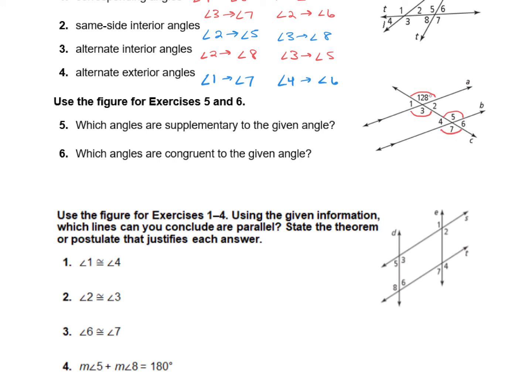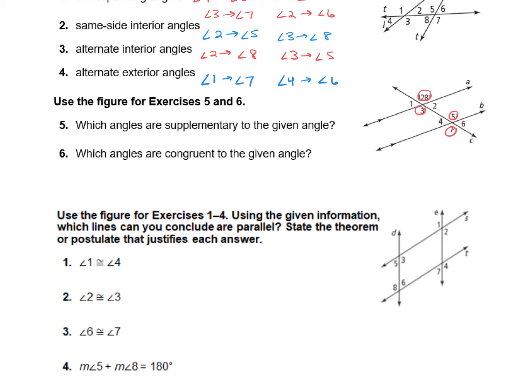So those are our congruent angles. I'm actually going to erase those marks. The other angles that I did not circle, angle 1, 2, 4, and 6, are all congruent to each other.